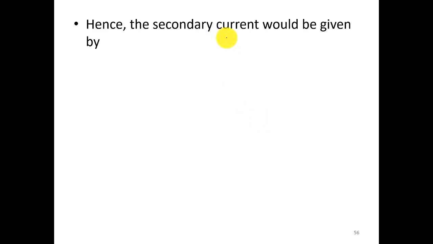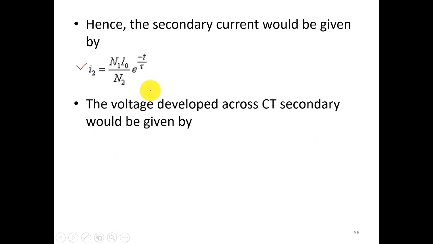Hence the secondary current would be given by just multiplying by the turns ratio. We'll get N1 by N2 I naught e to the power minus t by tau. Then what will be the voltage developed across the CT secondary?